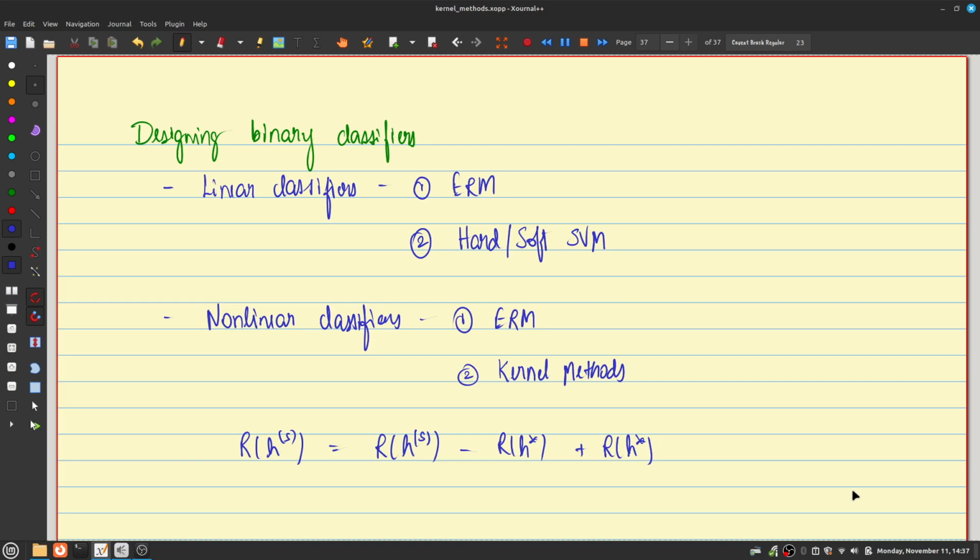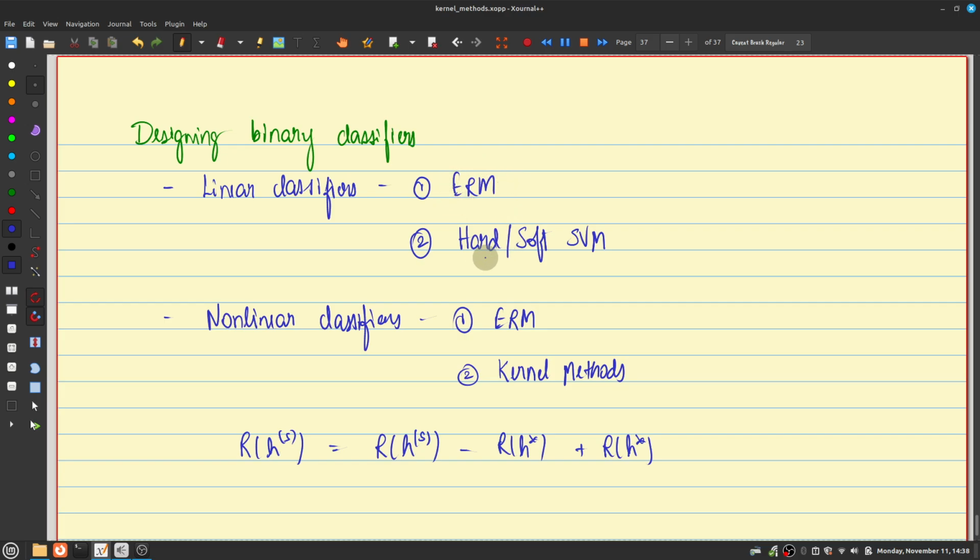But as we know, the generalization error of any learning algorithm can be decomposed in the following way. It's the risk of h_S, which is the output of the learning algorithm using samples S, minus R of h star, where h star is the best possible hypothesis from your class, plus R of h star.